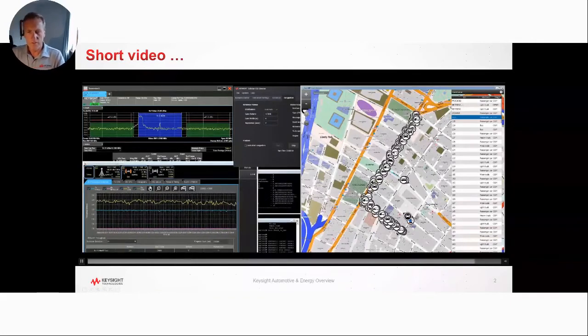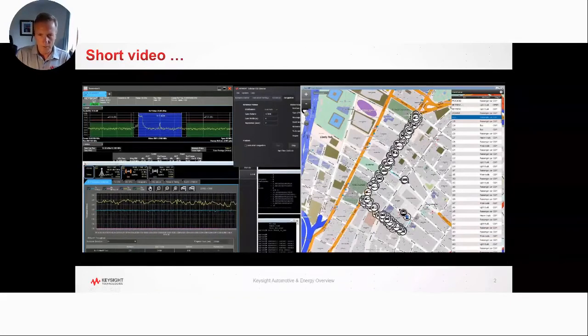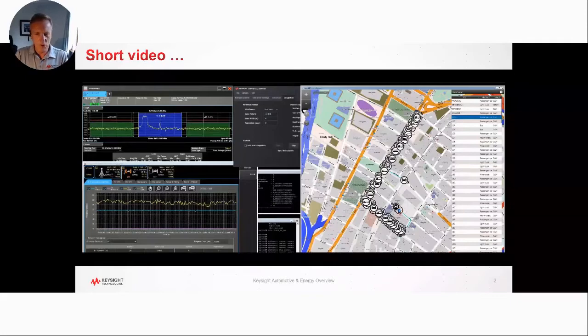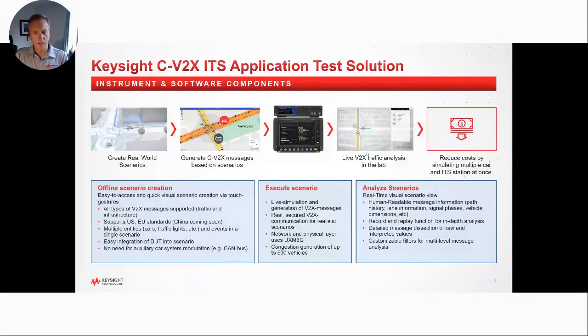So we're able to set up these different scenarios in any location around the world. We cover the ITS stacks from US, Europe, and China. And so we can create these things, from PHY all the way up to application layer. We do this by creating real world scenarios, as we saw, in a kind of mapping software.